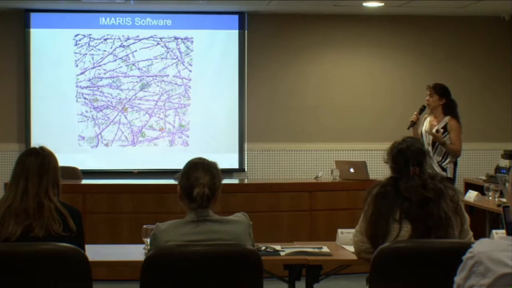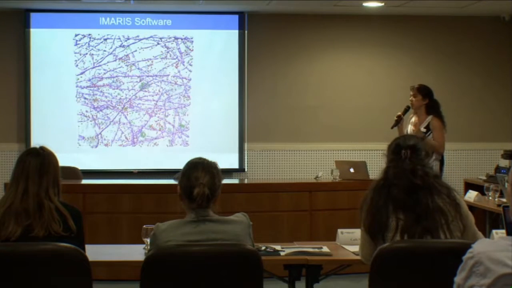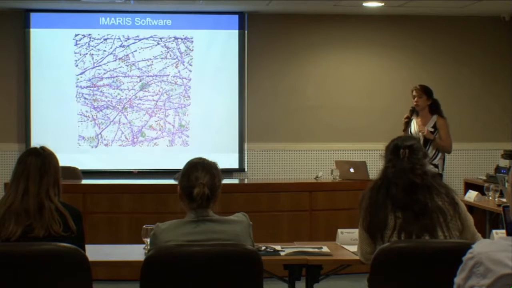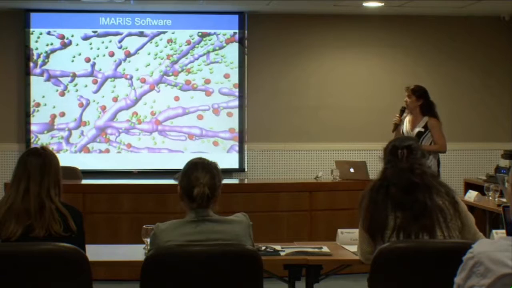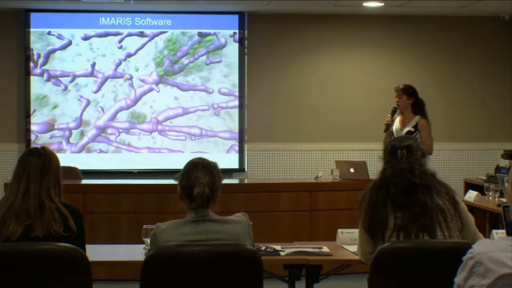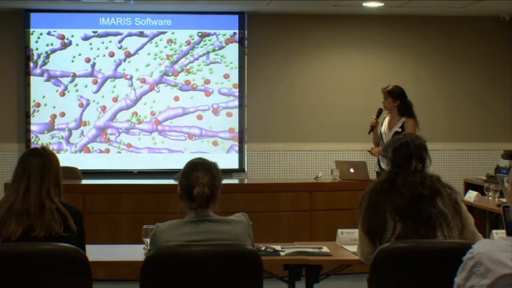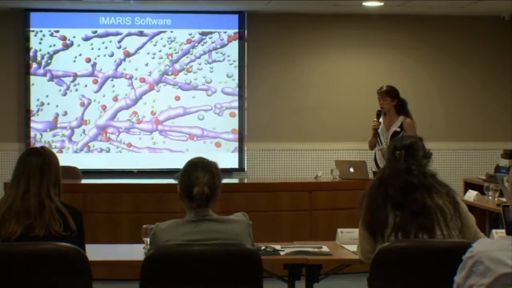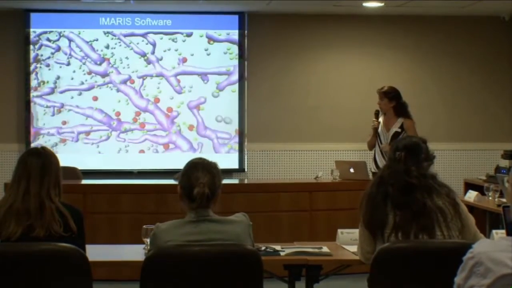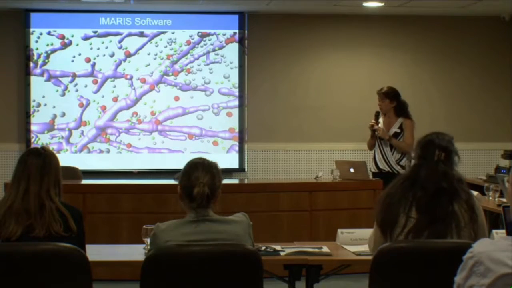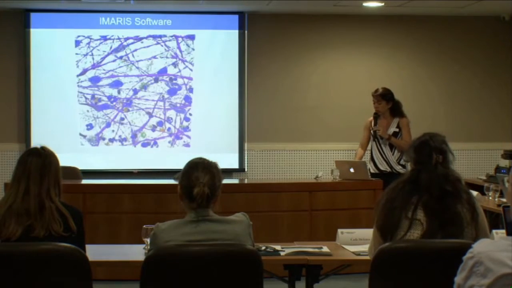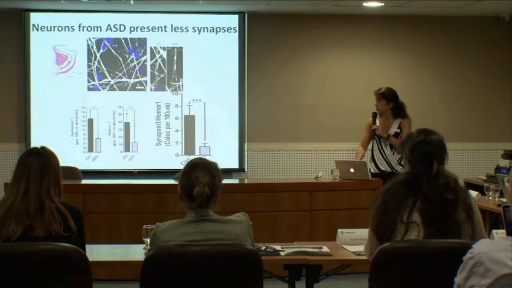We call puncta the pre- and postsynaptic markers together. We do them separately and then together also. And then we count them considering the length of the branches. So this is very specific. And then we can quantify whether we see differences between the patients and the controls.